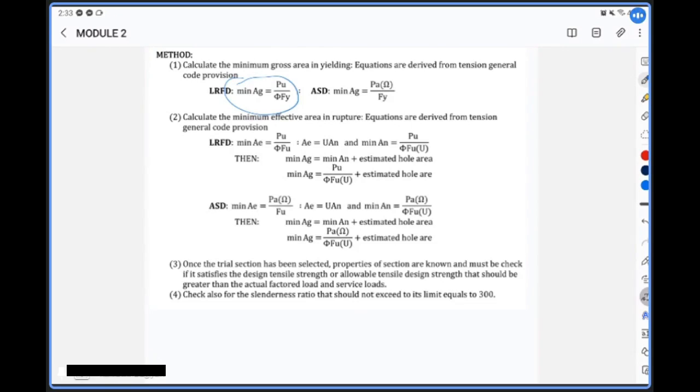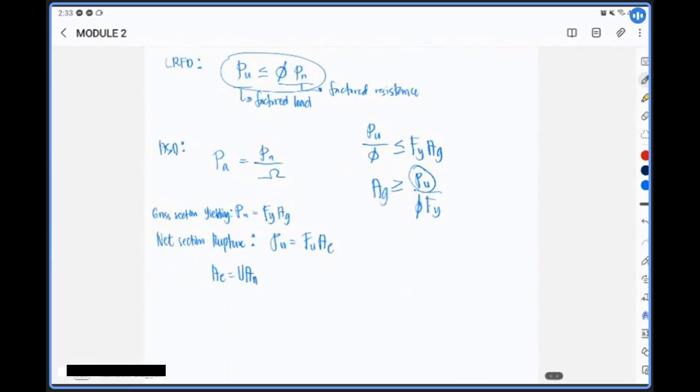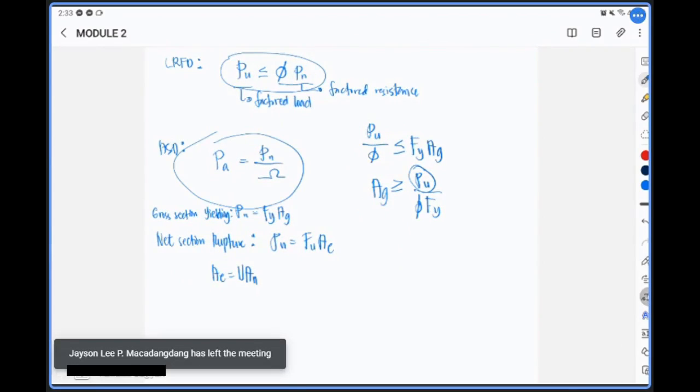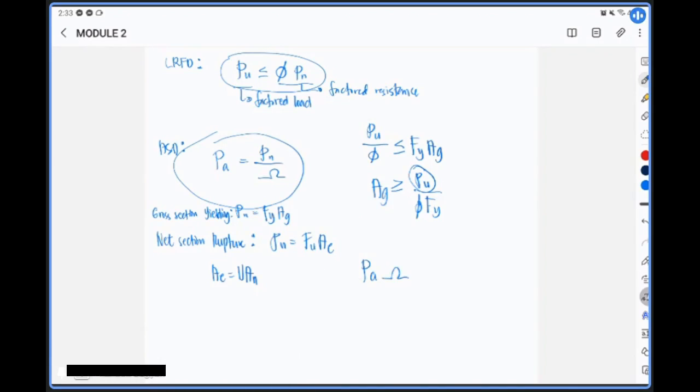And for ASD, it's the same. Since for ASD, it is P sub N all over omega. That's P sub A multiplied by omega, the factor of safety, is equal to P sub N. This should be less than or equal to Fy Ag. Right? P sub N is Fy Ag.